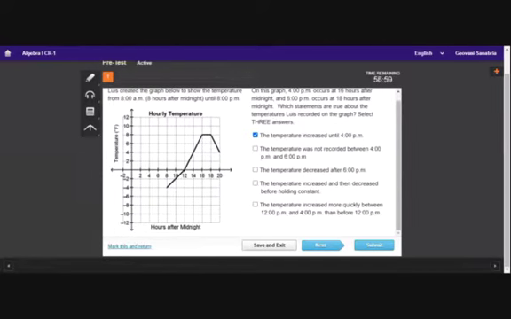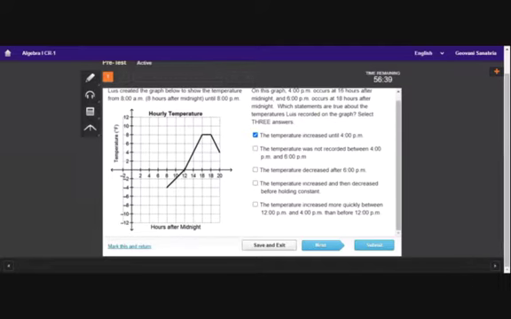Yeah. At 17 hours, right in the middle of that flat line, it's still 8 degrees. So it is recorded. It's just not changing. So that one's not true. We don't check that one, because it was recorded, it just didn't change.